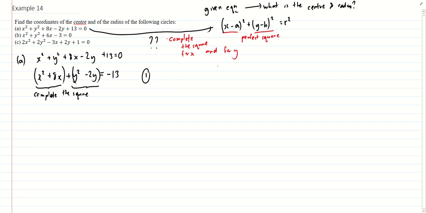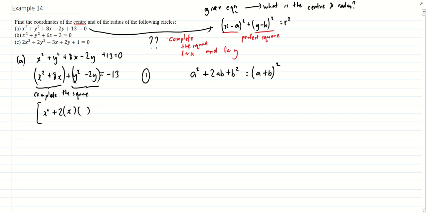Just a quick recap, we will be using this particular algebraic identity, a square plus 2ab plus b square, to help us complete the square. In this case, my a will always be x or y. So I need to express this in this form, a square plus 2ab plus b square. So I will have x square plus 2ab, where a will be x.